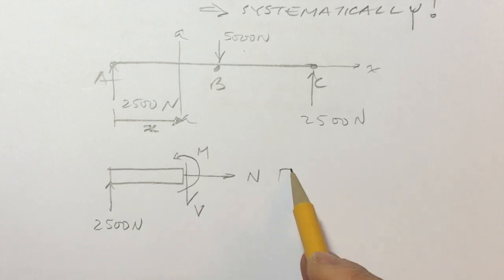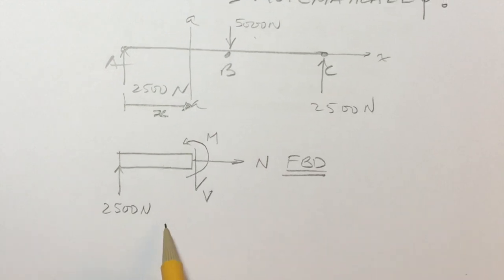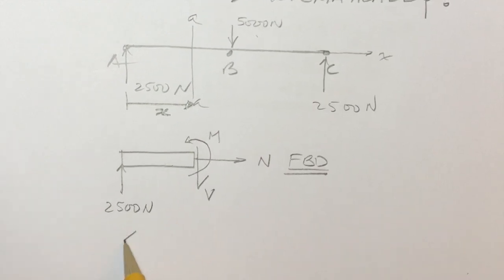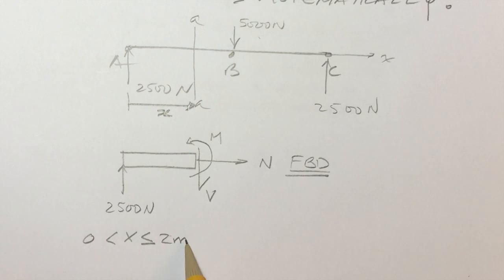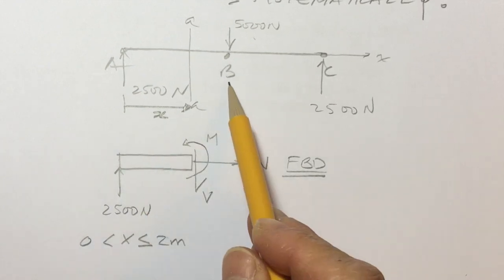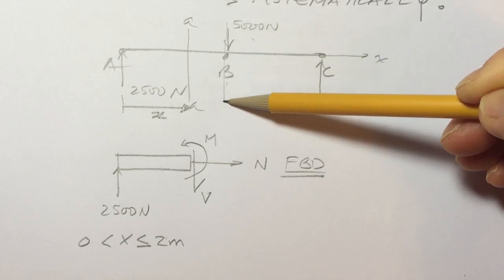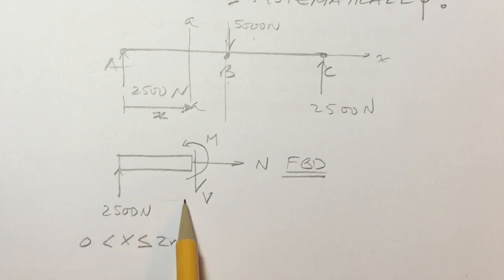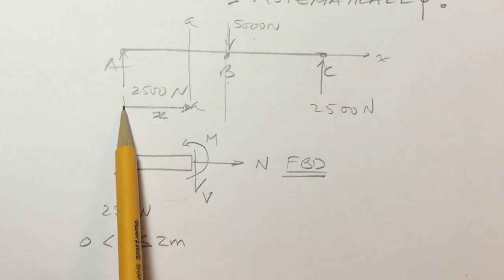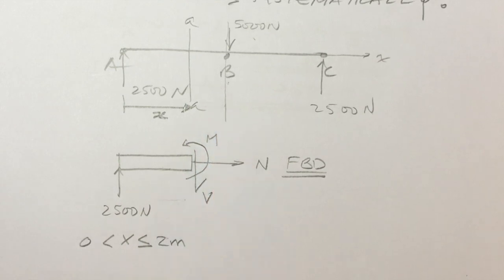Once I have my free body diagram, I can now write my equations of equilibrium that's only applicable from x greater than 0 to x less than or equal to 2 meters. So right up to here, right before that 5,000 newtons. So this free body diagram is valid from anywhere from here all the way up to right before point B.